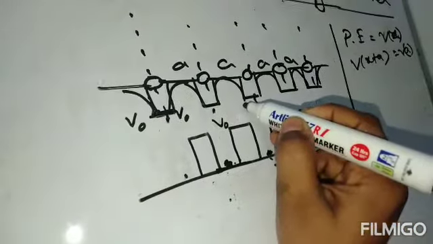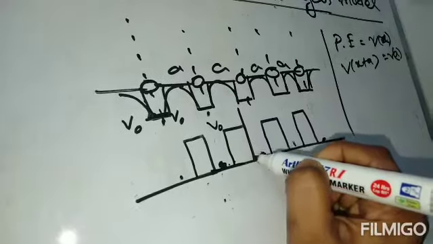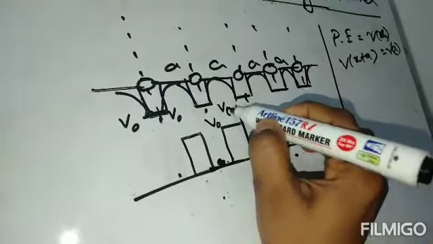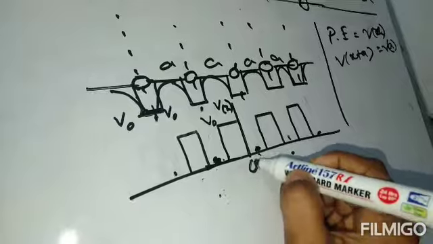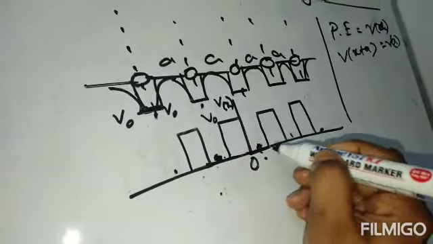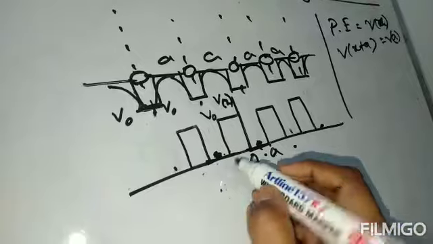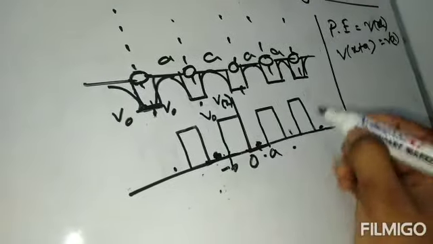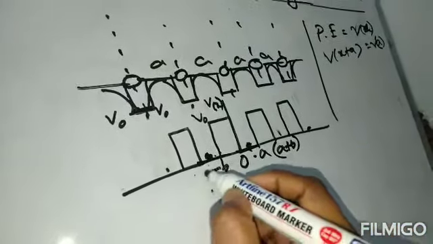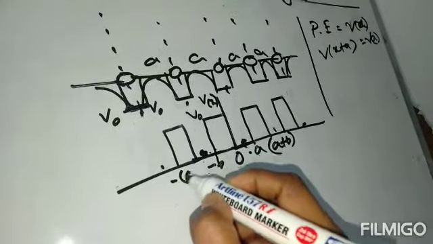So if we consider V(x), this is zero potential, this is a, and this is minus b. So this point is a plus b, and this point is minus a plus b.